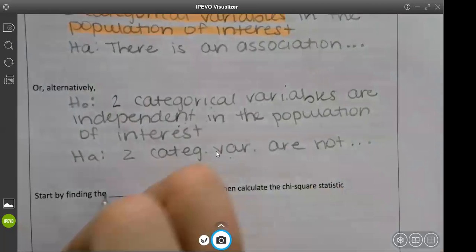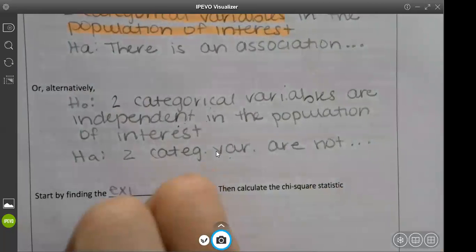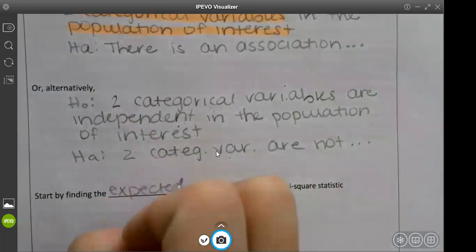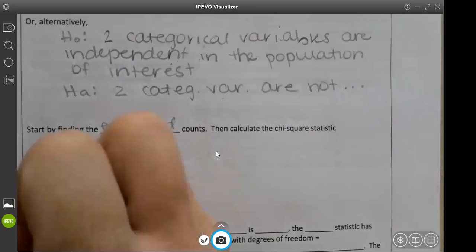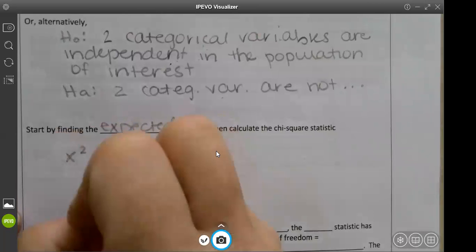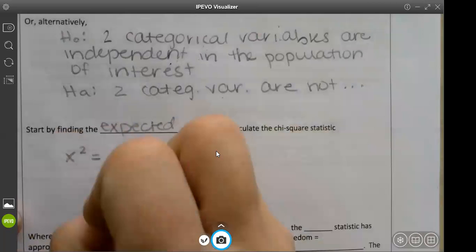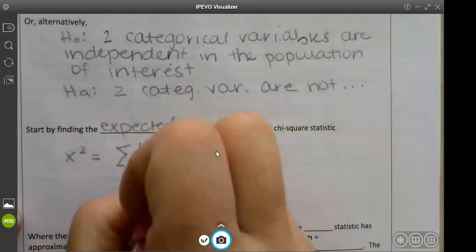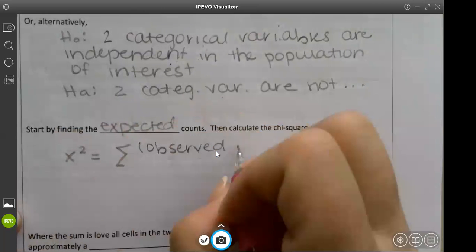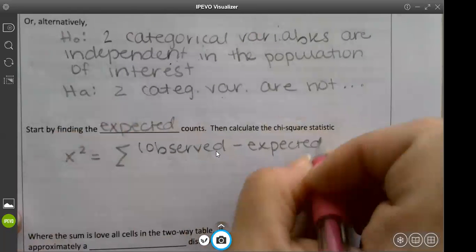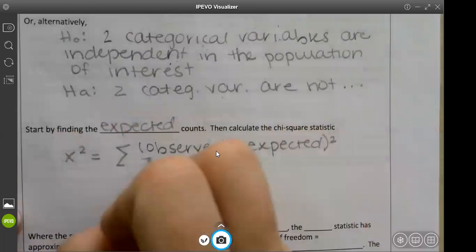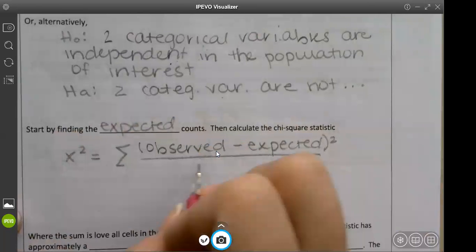So we're going to start by finding the expected count. And that's no different than what we've been doing. And then calculate the chi-square statistic. So it is the sum of the observed minus the expected squared over the expected.